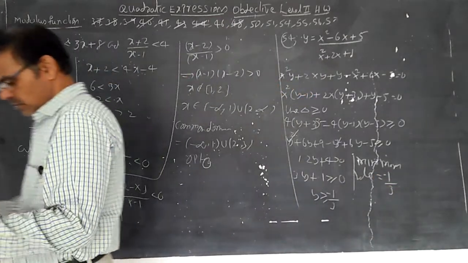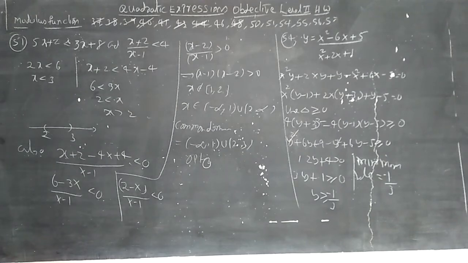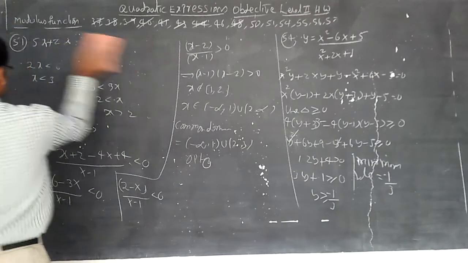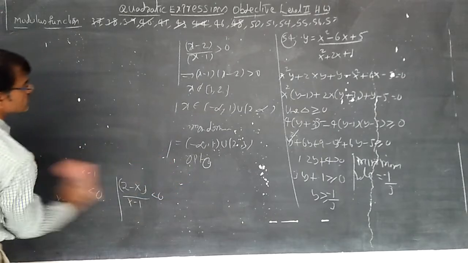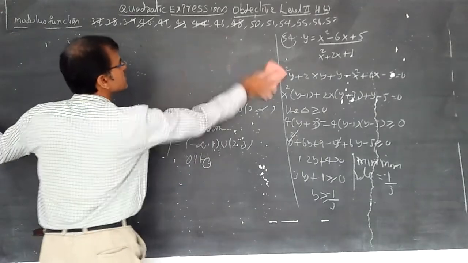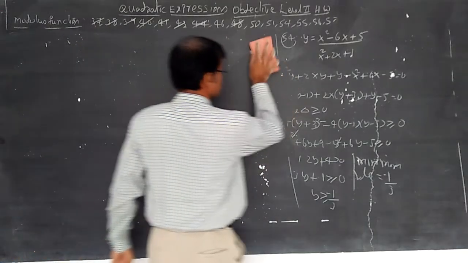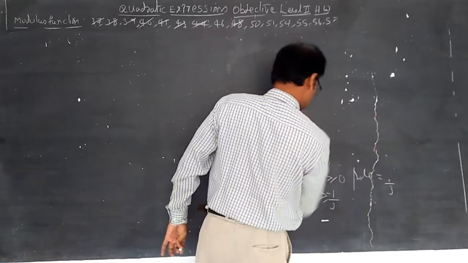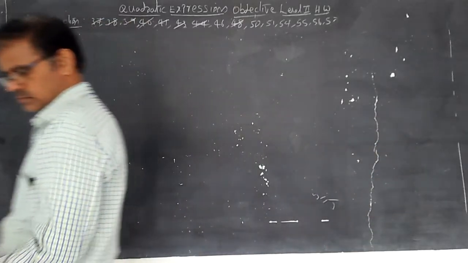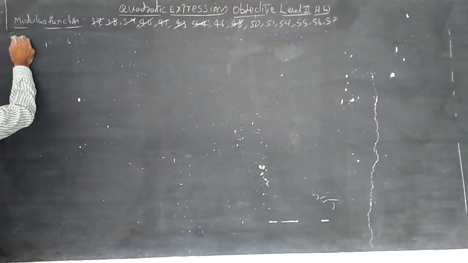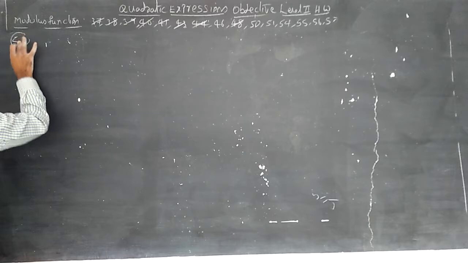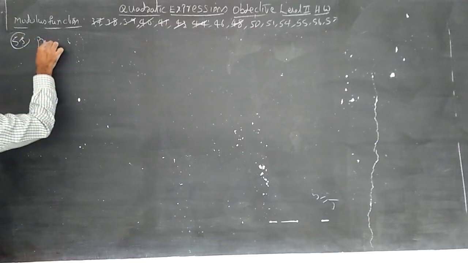Minus 1 by 3, fourth option. Now the 55th question, product of roots.